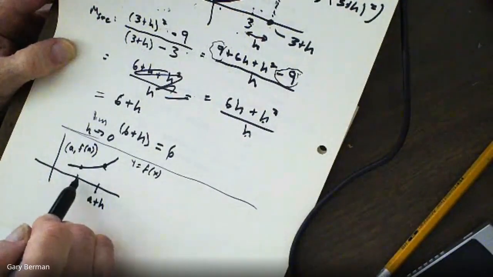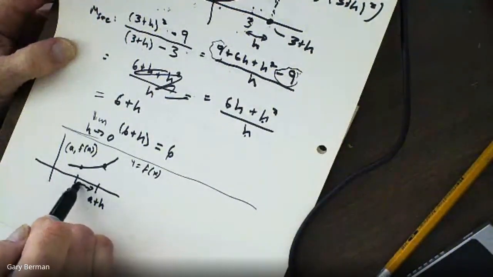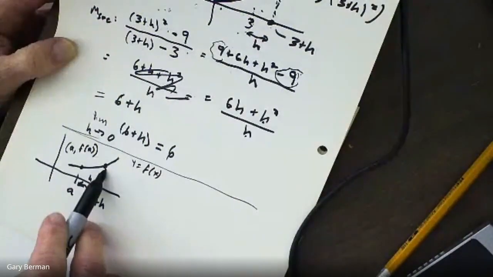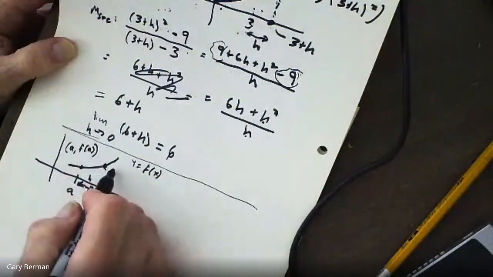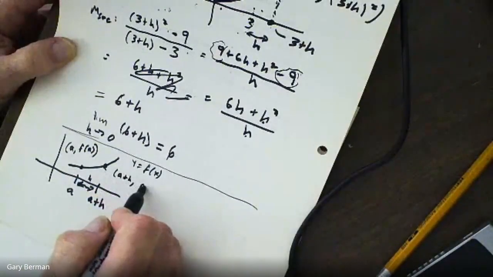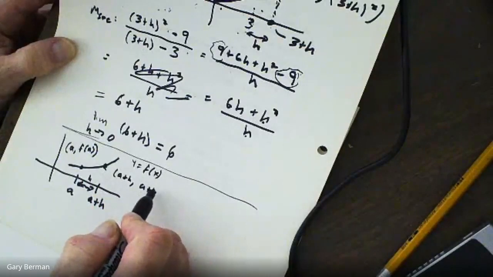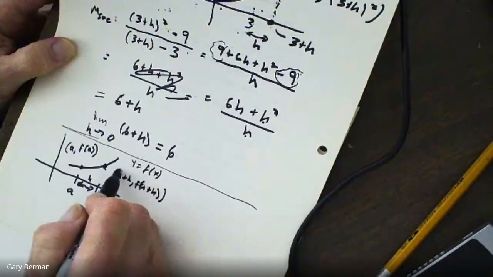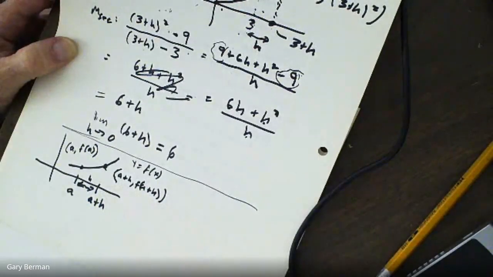Then the coordinates of the new point are A plus h comma f of A plus h. I'm doing a very general case now.